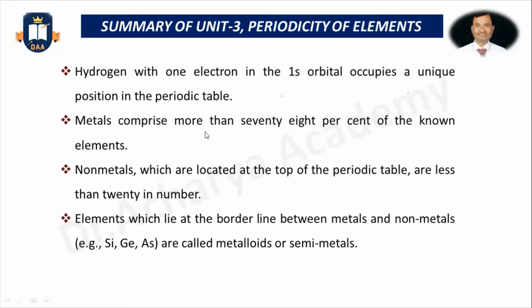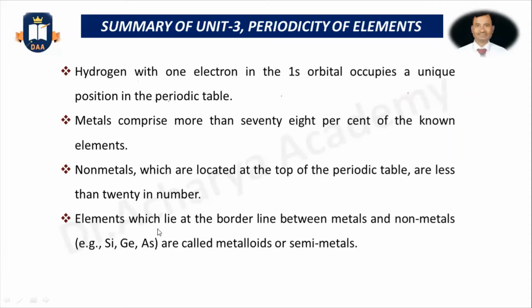Metals comprise more than 78% of the known elements. Non-metals, which are located at the top right of the periodic table, are less than 20 in number.